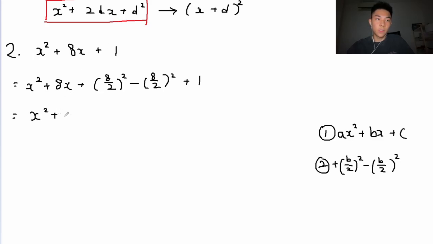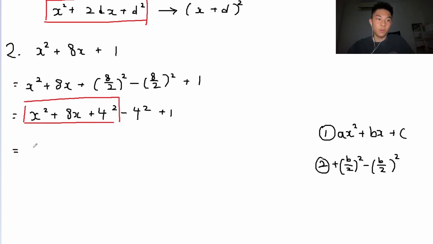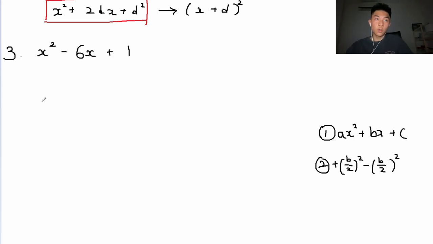So x² + 8x + 4² − 4² + 1. Notice this part is the same as this part. So we can rewrite it into the form (x + 4)². Now we can combine our constants. Minus 4², that's − 16. So − 16 + 1, − 15. And that's our answer.